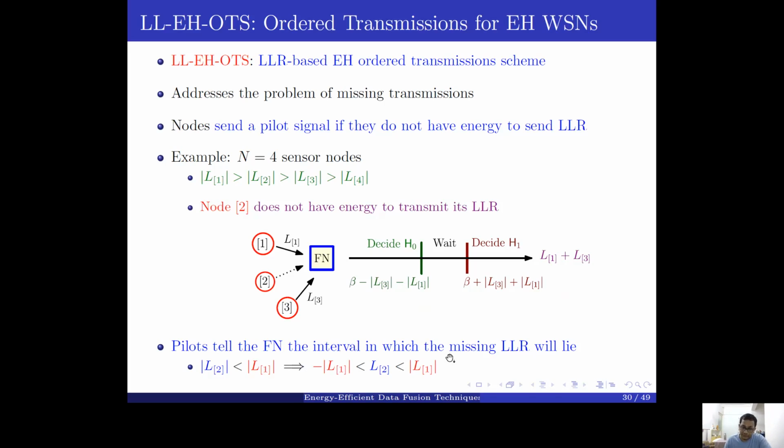And we can use this information to compute the decision thresholds. Thus, even if a node has missed its transmission, which can be a frequent occurrence for energy harvesting wireless sensor networks, it is still possible to implement the order transmission scheme.